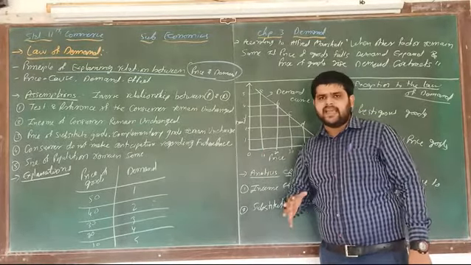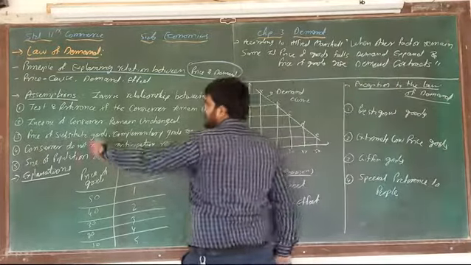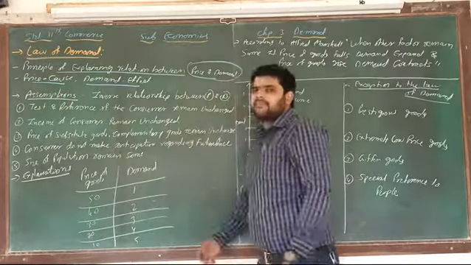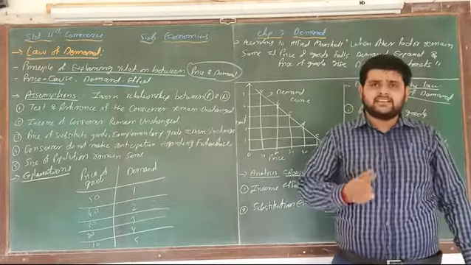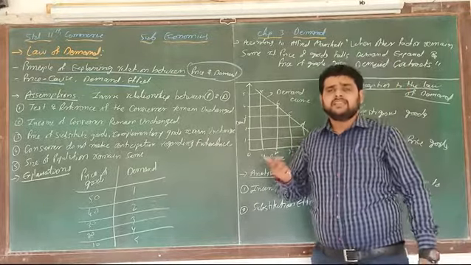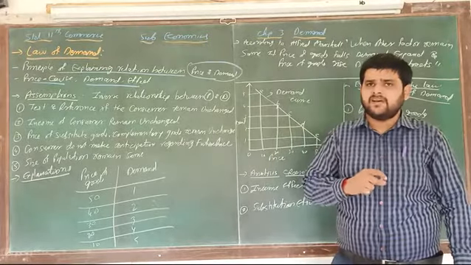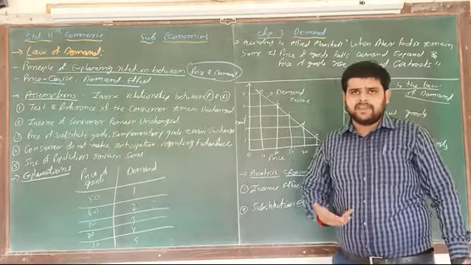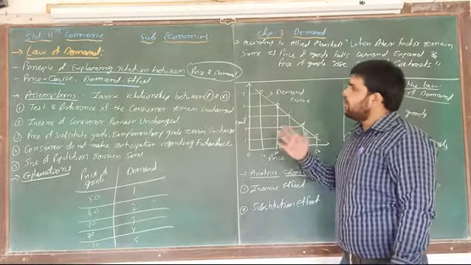As we know, price is taken as an independent variable, it means that price shows a cause and demand shows the effect. If there is a change in price of a product, demand changes. So price is taken as a cause and demand is taken as an effect.